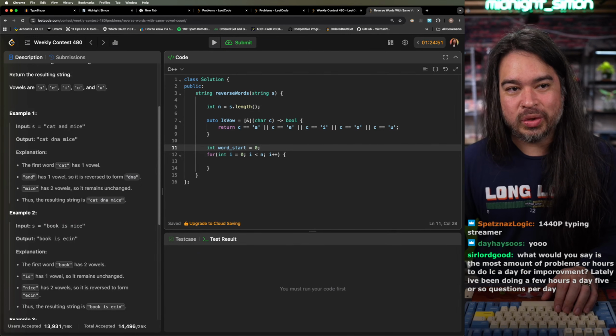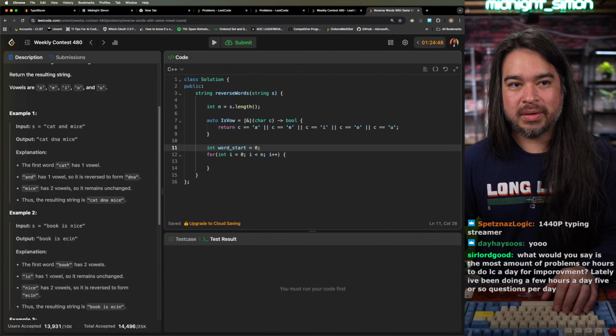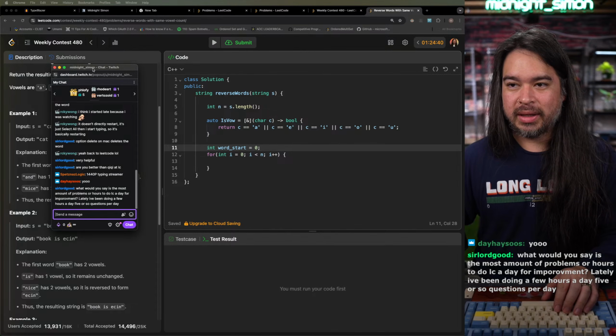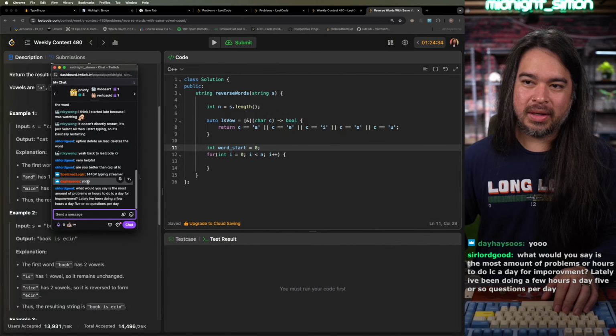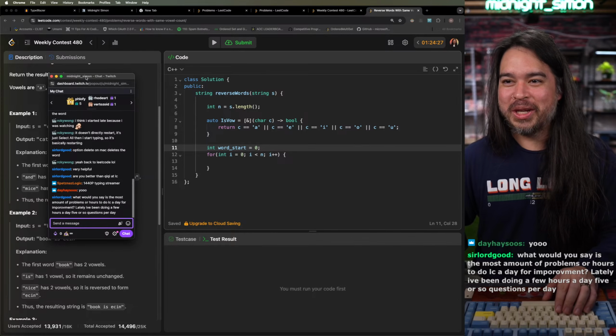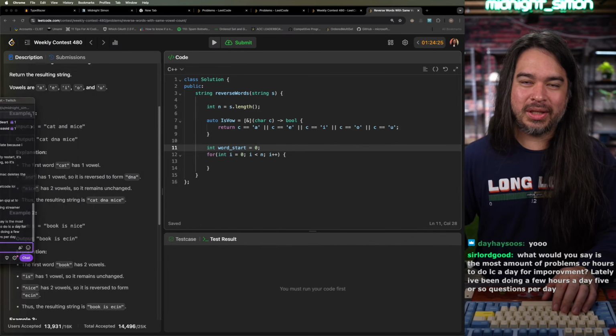De Jesus. What's happening? What would you say is the most amount of problems or hours to do LeetCode a day for improvement? Lately, I've been doing a few hours a day, 5 or so questions per day. I think a few hours a day is a good amount. I'd say about 10 hours a week minimum to get some improvement.